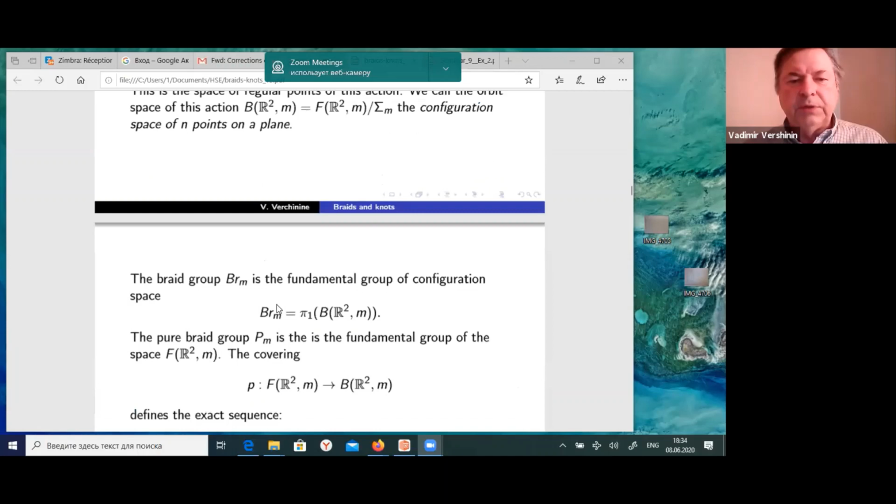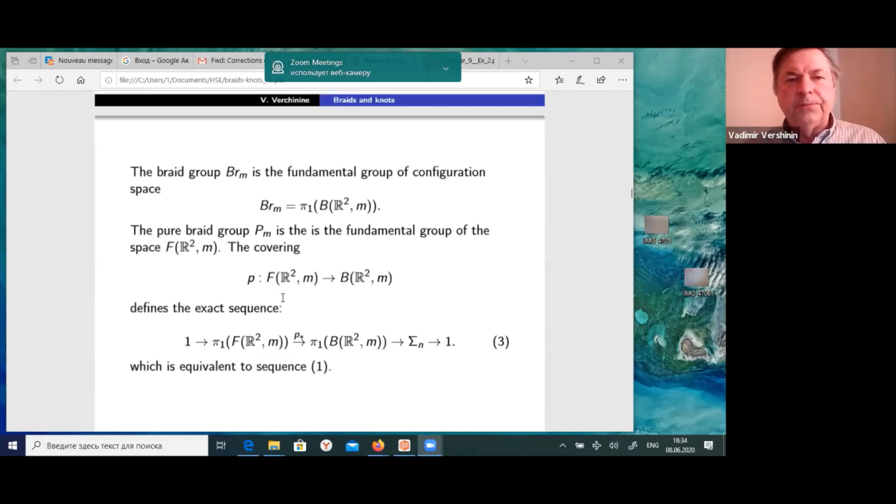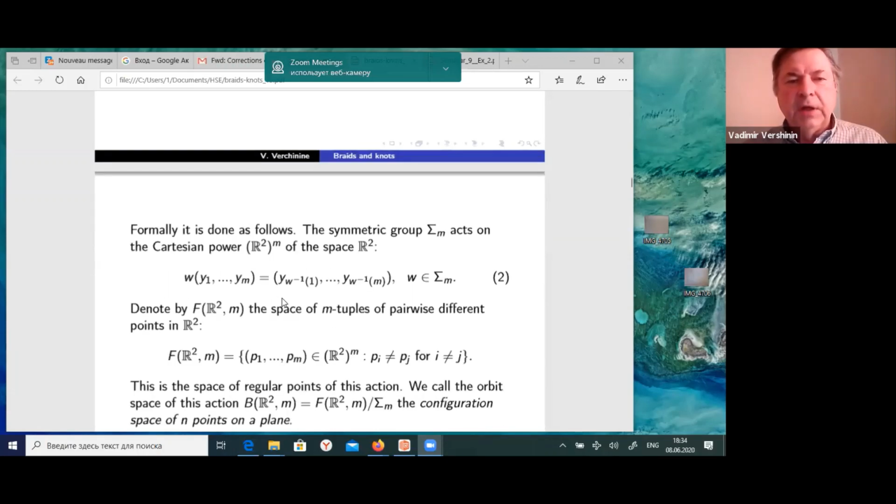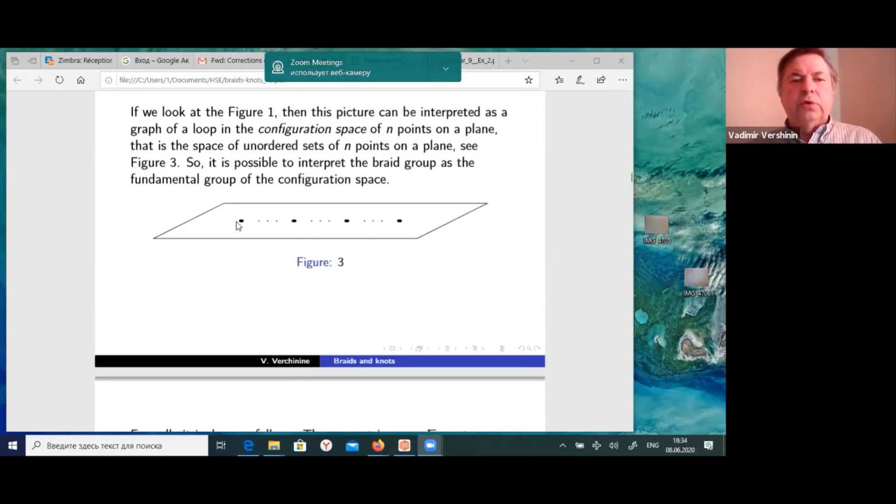Because what does the word configuration mean? It means that you don't consider which one is the first one, which one is the second one, because you have already made the action of the permutation group.